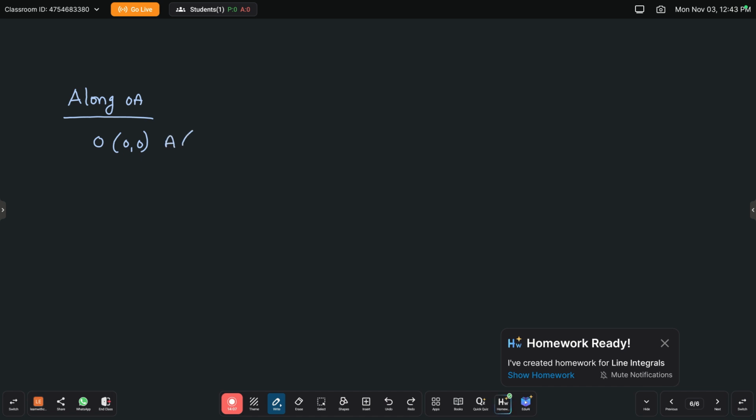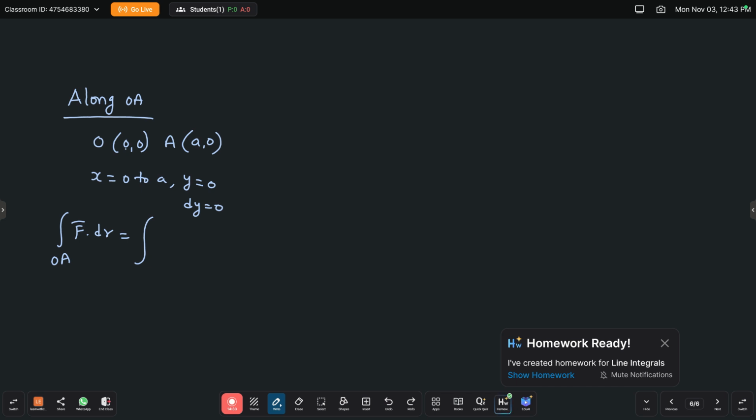And what is the A vertex? A, 0. Now X is varying from 0 to A and Y is 0. So when Y is 0, dy becomes 0. Now replace these coordinates in the line integral OA, F dot dr.